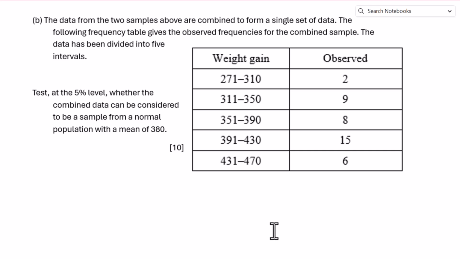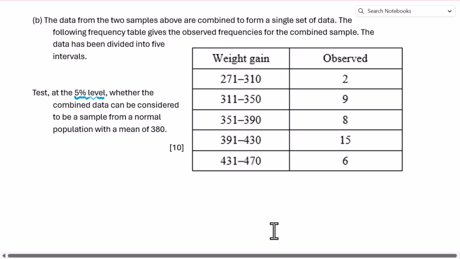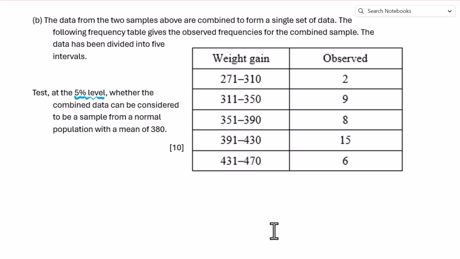Test at the 5% level whether the combined data can be considered to be a sample from a normal population with a mean of 380. This means we got to use chi-square GOF test.